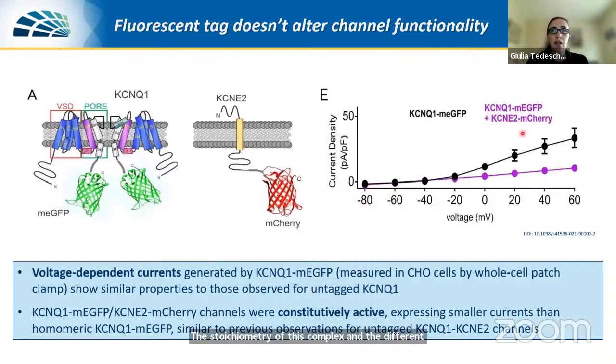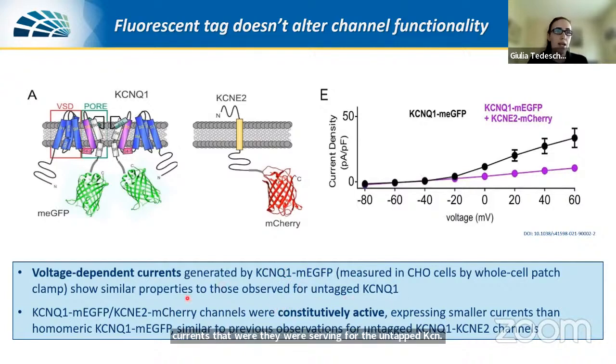So the first thing that we wanted to check, and Abbott Lab focused on this part, was that the fluorescent tag we put into the system didn't affect the channel functionality. To do that, they measured the current generated by the tagged version of Q1, and they showed that it was similar to the currents they observed for the untagged KCNQ1.